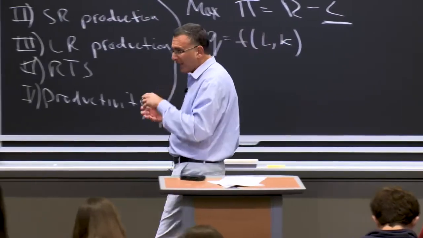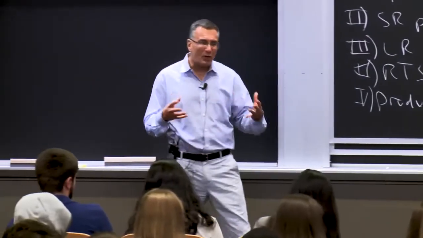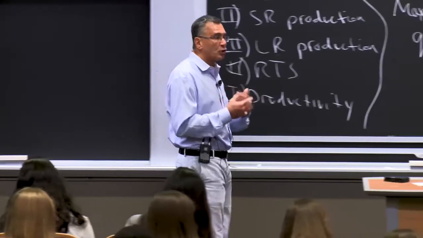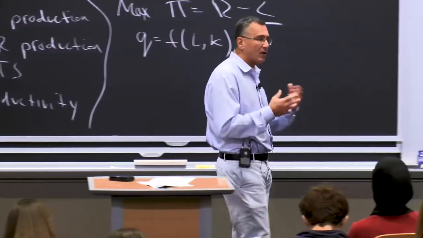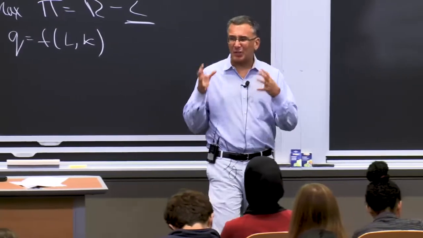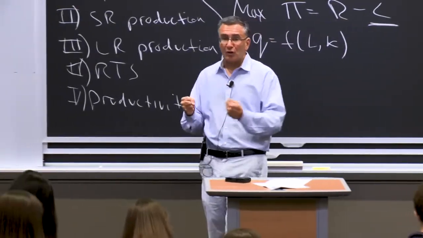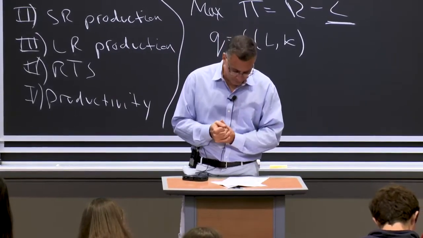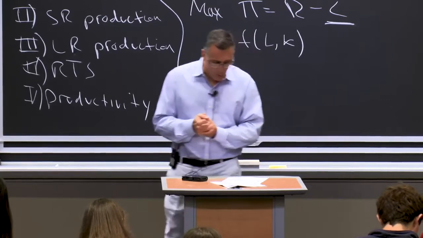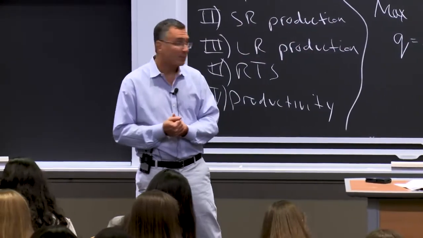Capital is harder. Capital is machines, land, buildings, all the stuff that workers use to make things. So capital is a vaguer concept, but for now, think of it as machines and buildings, the stuff that workers use to produce goods. And outputs are the goods and services that get produced.